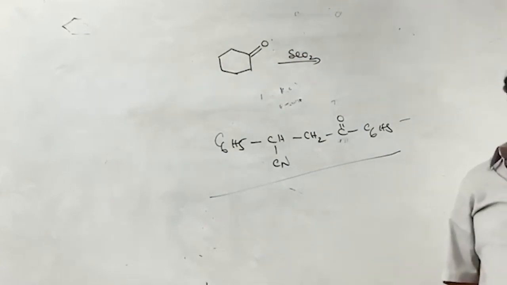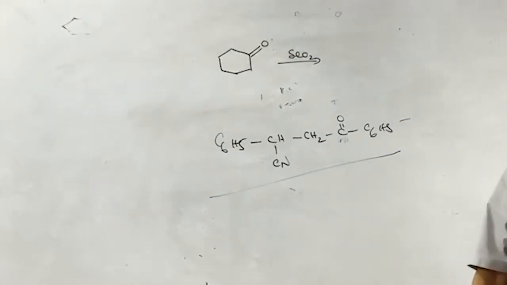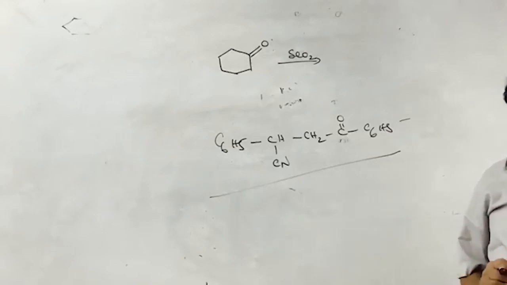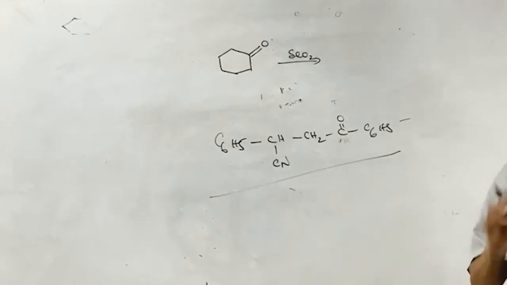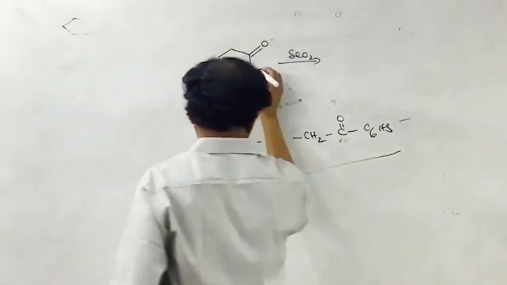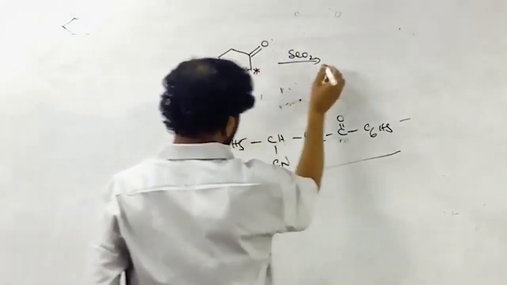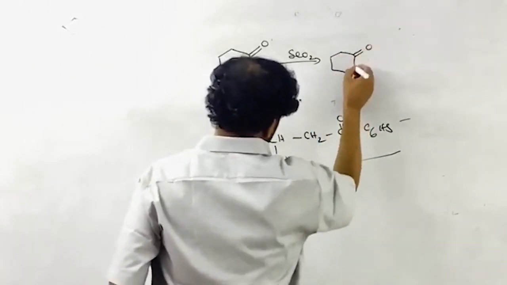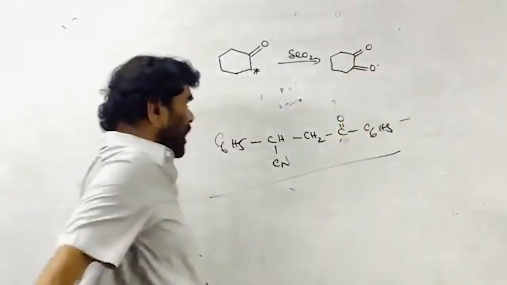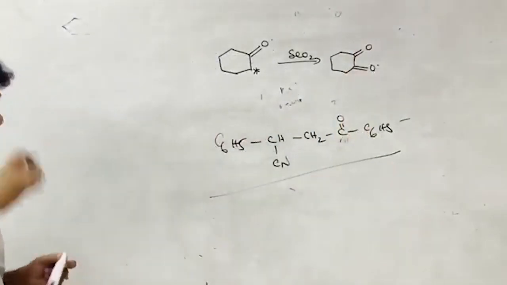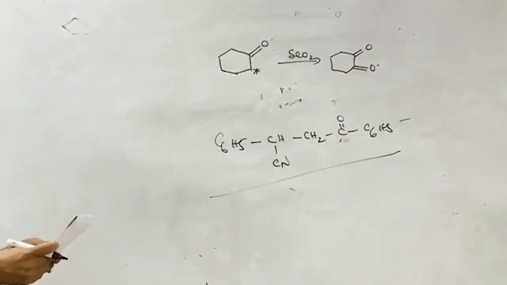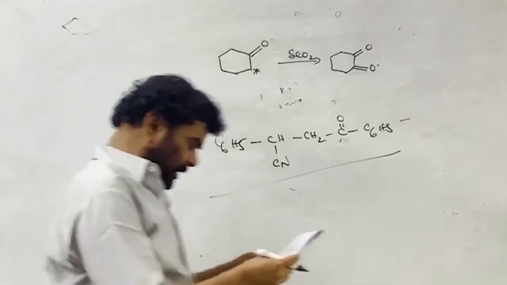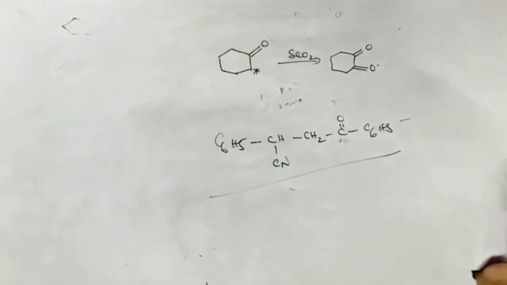One of the properties is that it converts the active methyl group into a carbonyl group. CH2 groups and CH3 groups are converted into carbonyl group. So another carbonyl group is formed on the adjacent carbon. This is the product of the reaction, right? Therefore B is the correct option here.